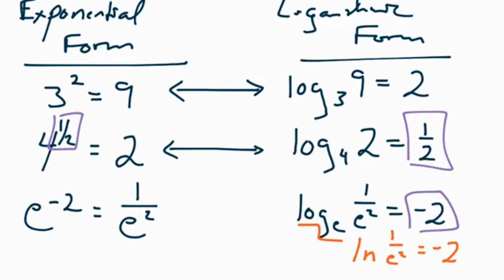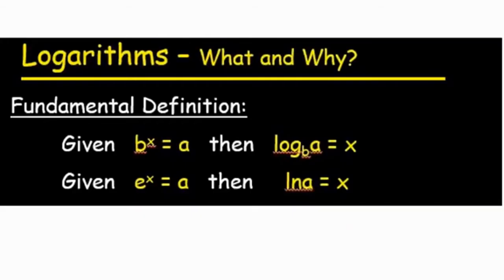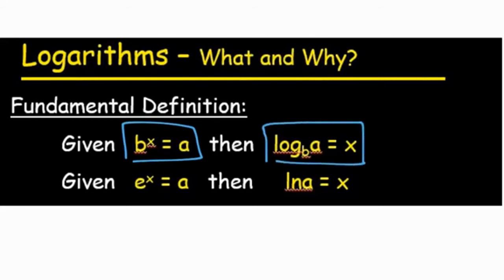So what do you see in all these cases? Well, I want you to see that whenever you have a basic exponent statement like b to the x equals a, you can make that same statement using a logarithm, where we would say that the log base b of a would equal x. And again, notice that the log is always equal to the exponent.